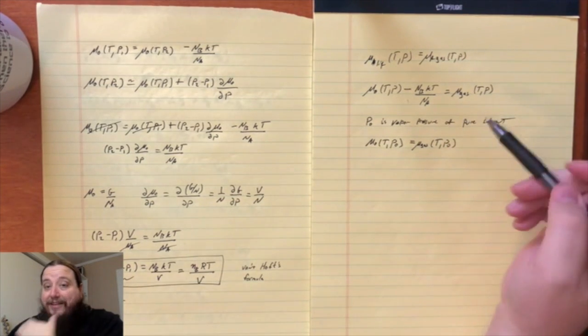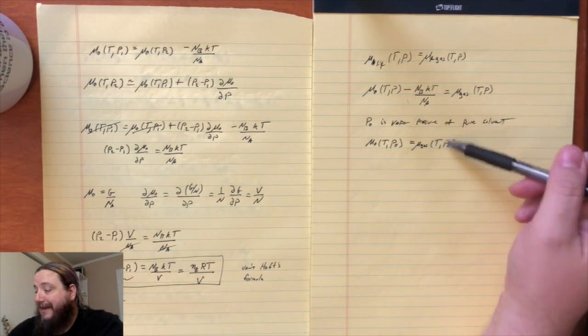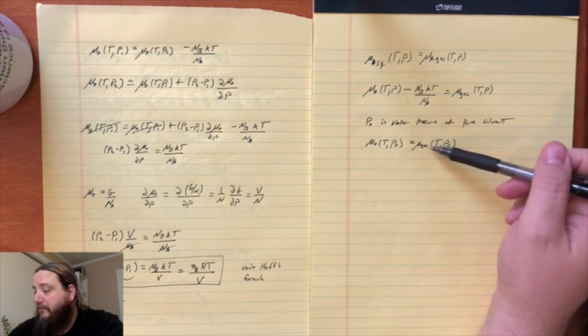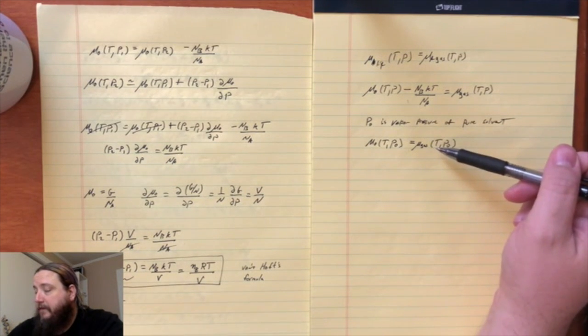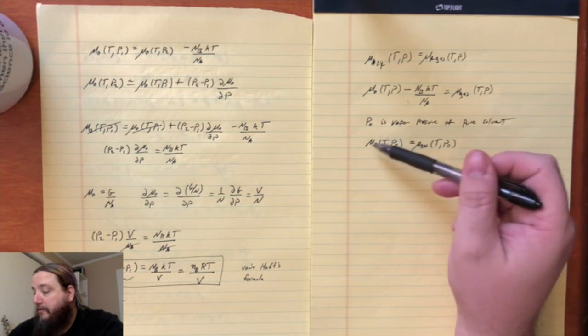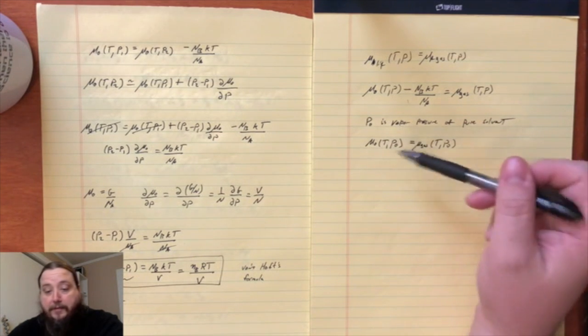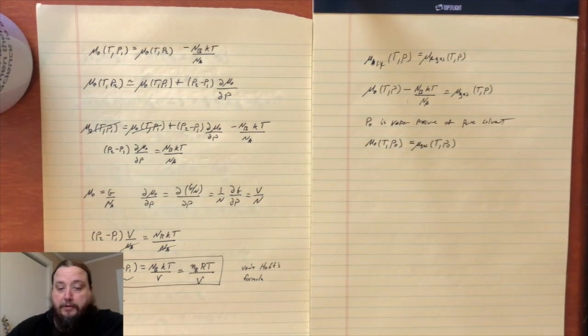In other words, this being the vapor pressure of our pure substance, the gas chemical potential of our pure substance must equal the liquid chemical potential of our pure substance.